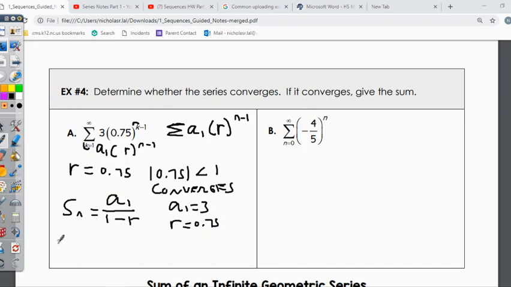So the series is equal to 3 over 1 minus 0.75, which is equal to 3 over 0.25. All right, and 3 divided by 0.25 is the same thing as 3 divided by 1/4. And 3 divided by 1/4 is the same thing as 3 times 4. And what's 3 times 4? 12. So the infinite series is going to be equal to 12. So S is equal to 12.